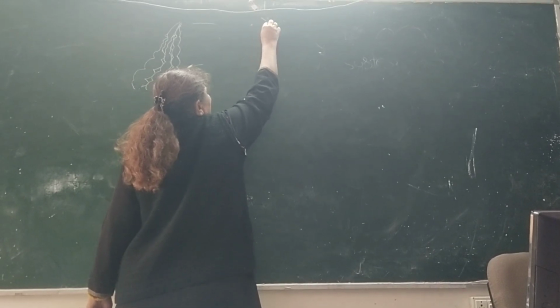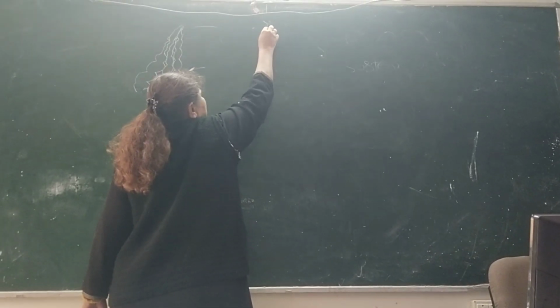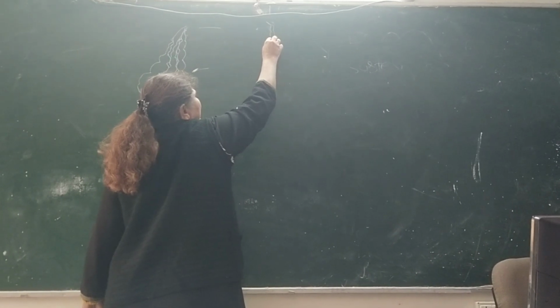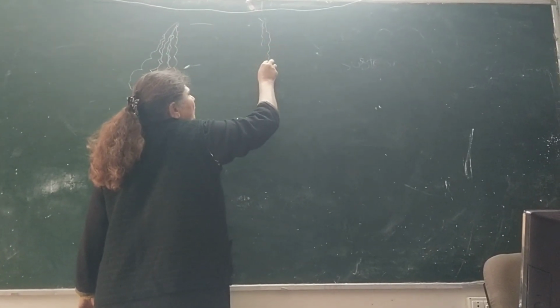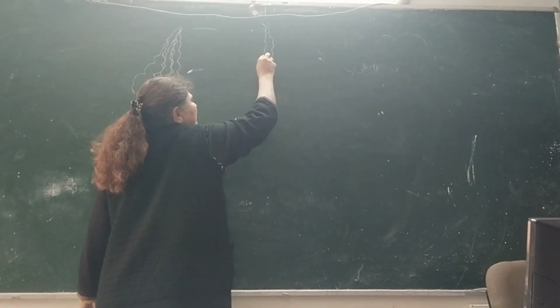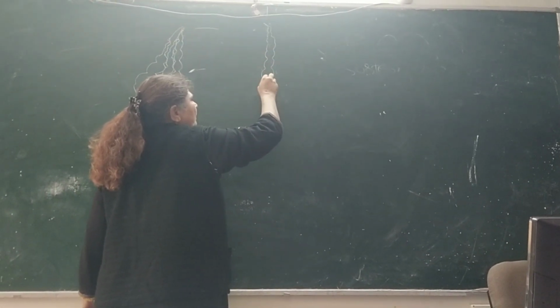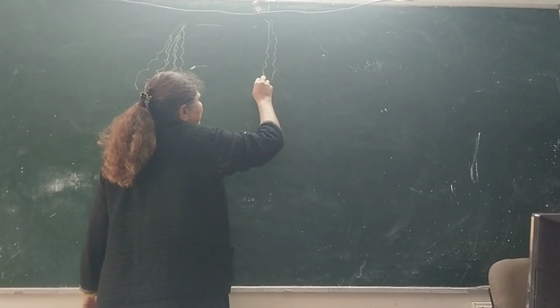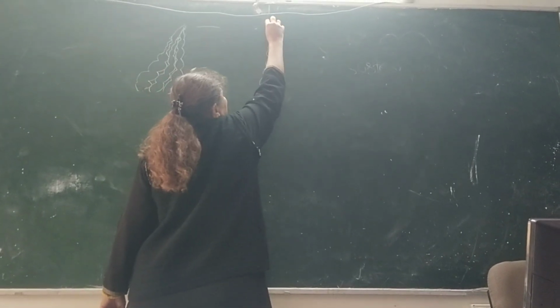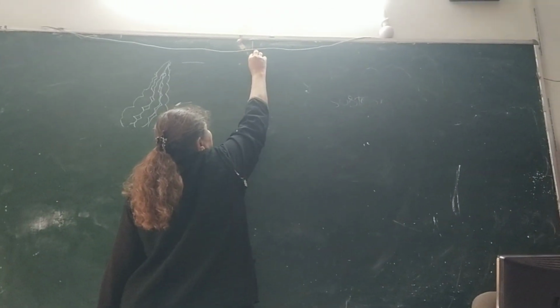At the start they are narrow. As they move downward and inward, their size goes on increasing. As they descend, their size is increasing. Is it clear? Yes.